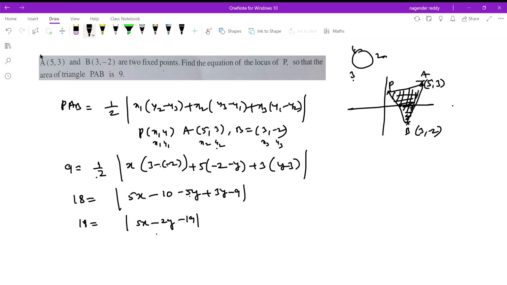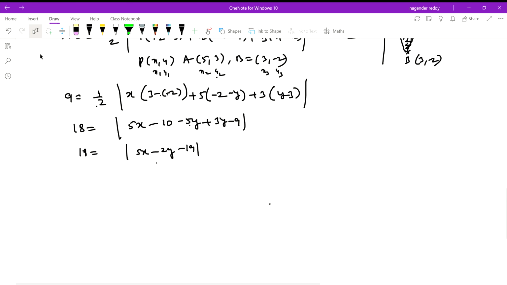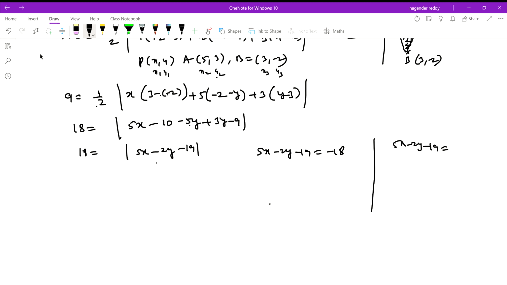When mod is removed, we will get two values, plus or minus. 5x minus 2y minus 19 is equal to minus 18, one answer, and 5x minus 2y minus 19 is equal to plus 18. So I'm sending minus 18 to this side, plus 18 will become 5x minus 2y minus 19 plus 18, minus 1 equal to 0, and on this side, 5x minus 2y, bring this side minus 19 and minus 18 will be minus 37 equal to 0.